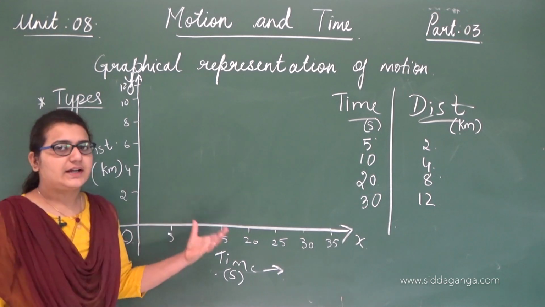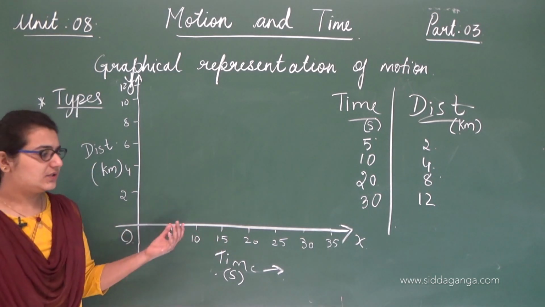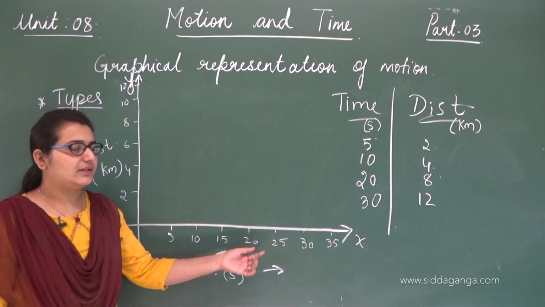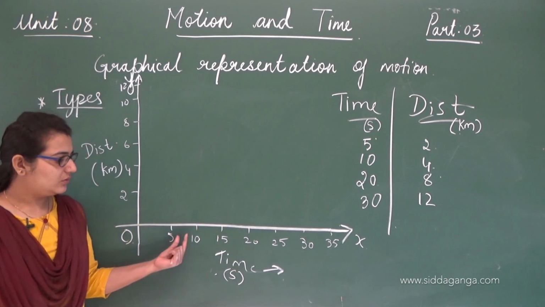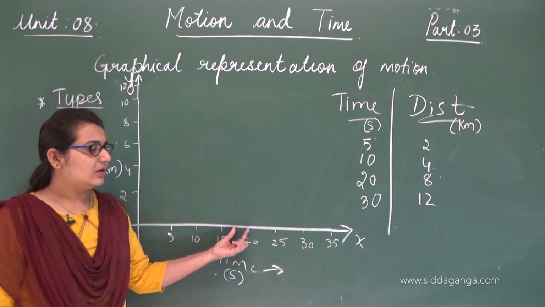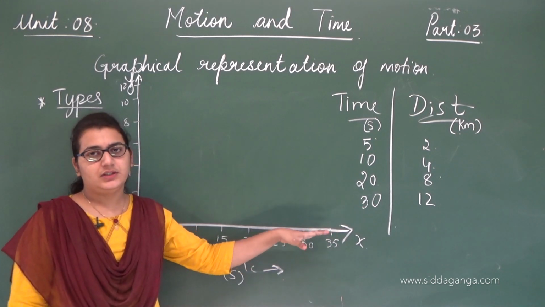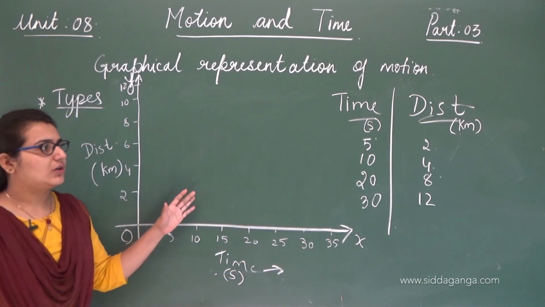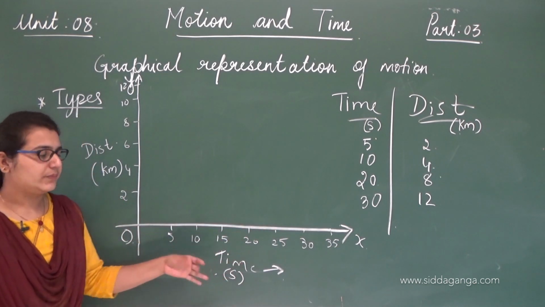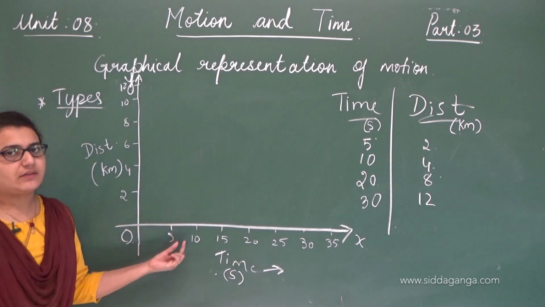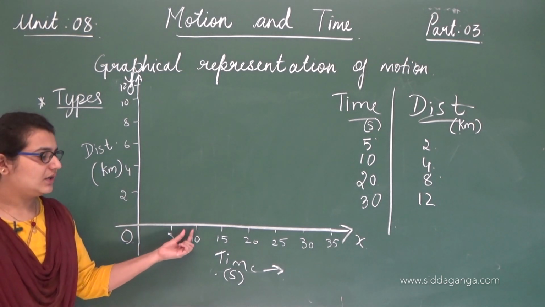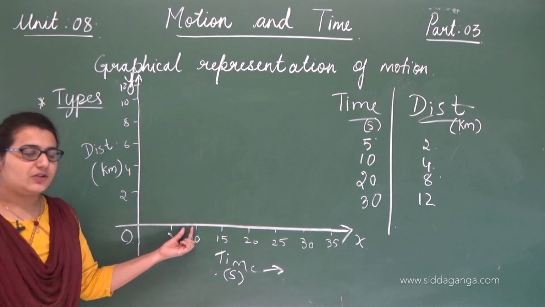While writing the values, we cannot just write 5, 10, 20, 30 and finish. We need to maintain the same interval throughout the graph. Not like only the 4 given values are written. Here we have taken a 5 seconds gap, so the time interval is 5 seconds, and we need to continue the same interval.